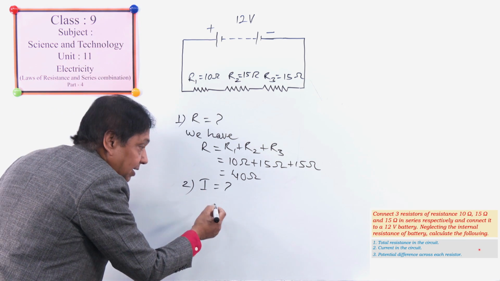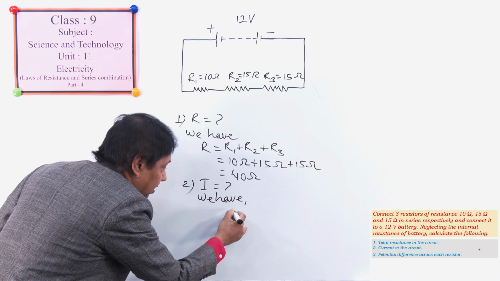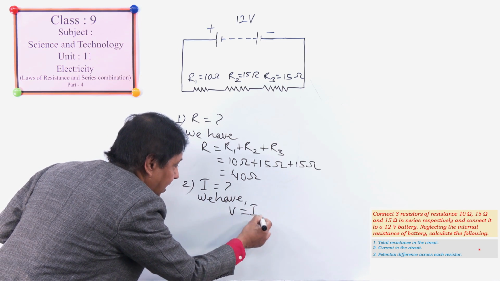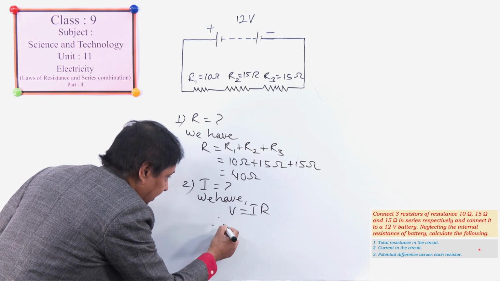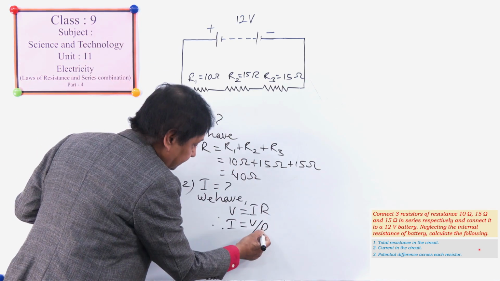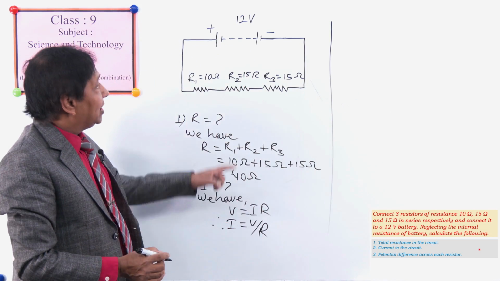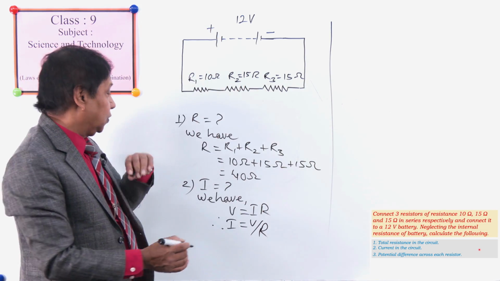Now to get the current, I equal to question mark. How to calculate this? We have V equal to IR. In this equation, I equal to V by R. V is 12 volt. R is 40 ohm.